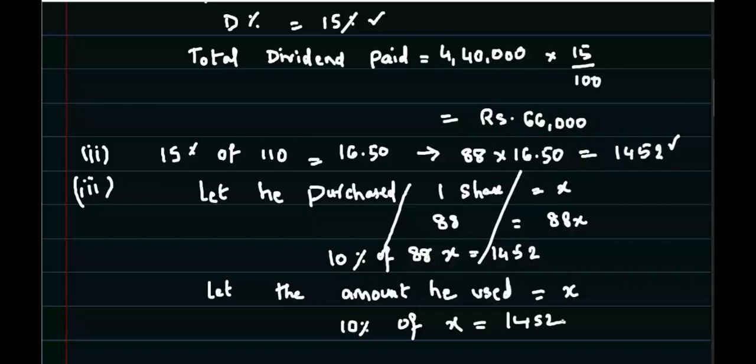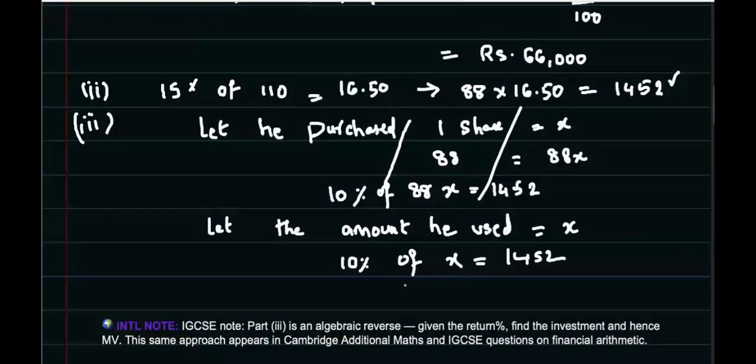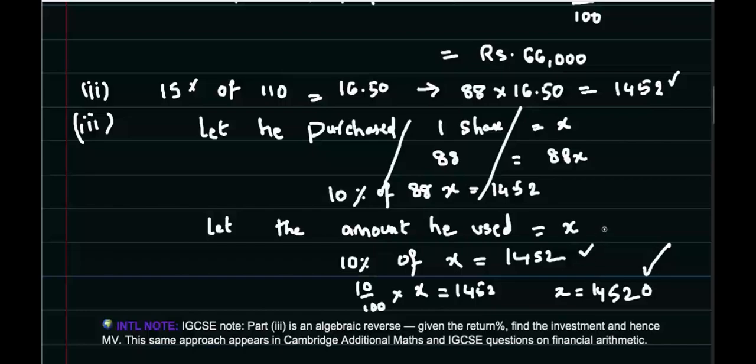So what will be the x? 10 divided by 100 multiplied by x equal to 1452. So this will become 1 by 10, 10 goes there, and x value is how much? 14520. So 14,520 he invested, and he got 1452, which is the 10% on his investment.